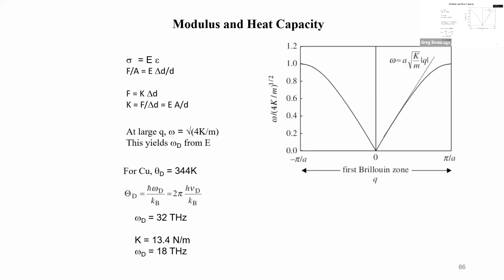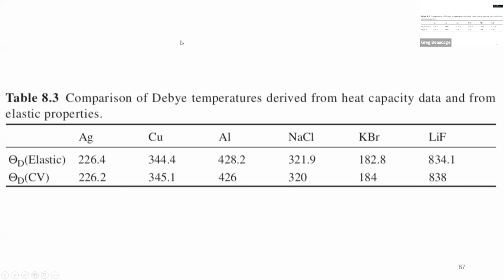So once you have the modulus, you can go back and calculate the Debye temperature. This is from the book. It compares fitting the heat capacity versus temperature to get the Debye temperature, and then just calculating it from the modulus using something like what's going on here. So the numbers are almost the same.